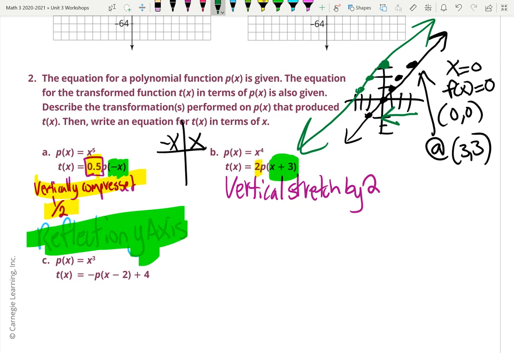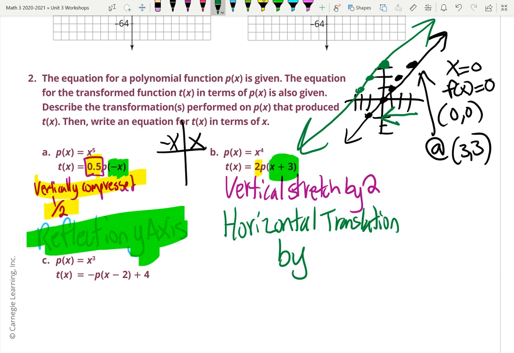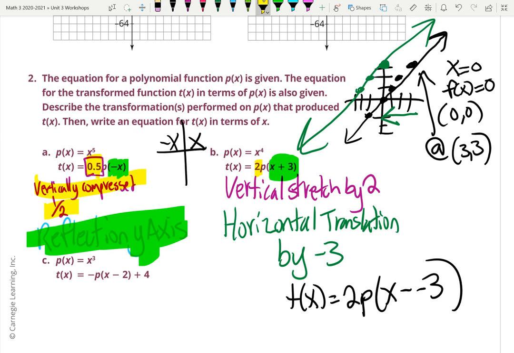It is a horizontal translation by negative 3. If you like it algebraically, t of x, you could almost think of it as x minus negative 3. Whenever it's written out, you can kind of instantly see, oh, it's the left 3. Whatever gets you to the end point.